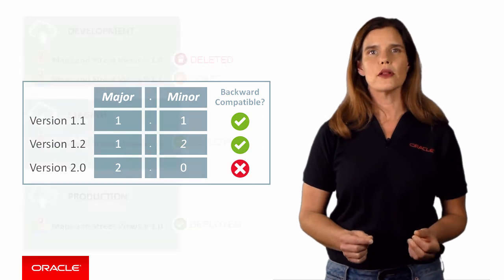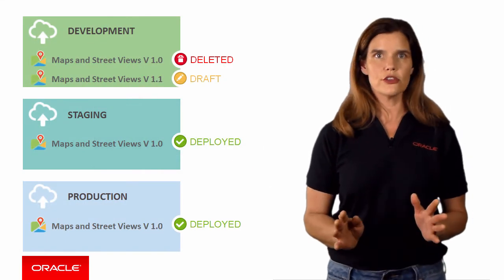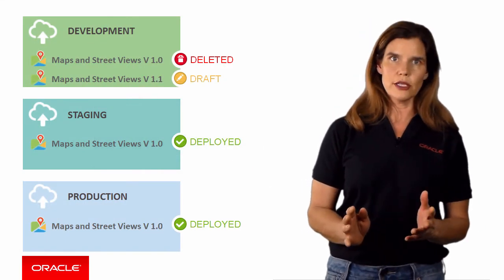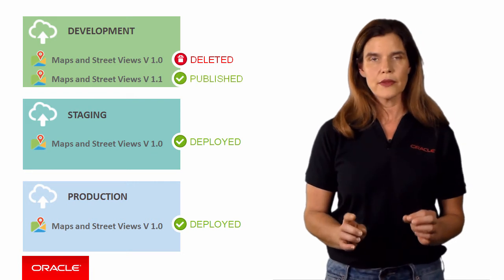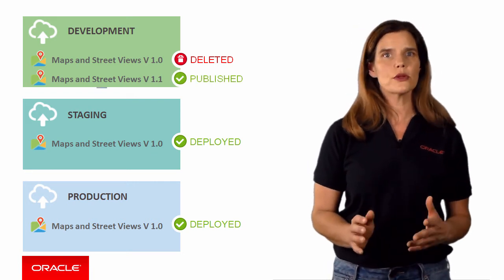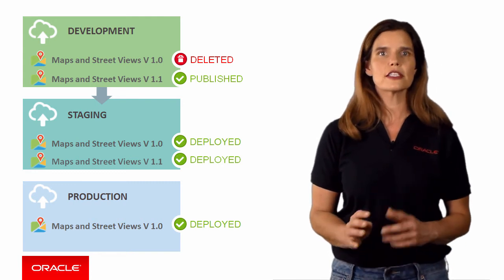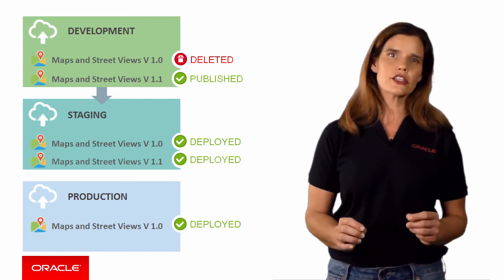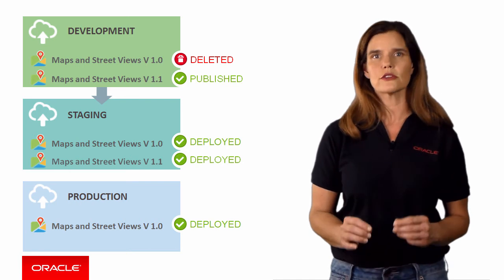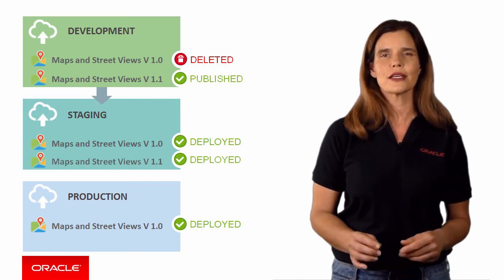Going back to our example, after you've fixed and tested the new version of your asset in the development environment, you publish the asset. And then the mobile administrator deploys it to the staging environment, where the cycle of testing and fixes continues until you have a version of the asset that you're ready to promote to the production environment.